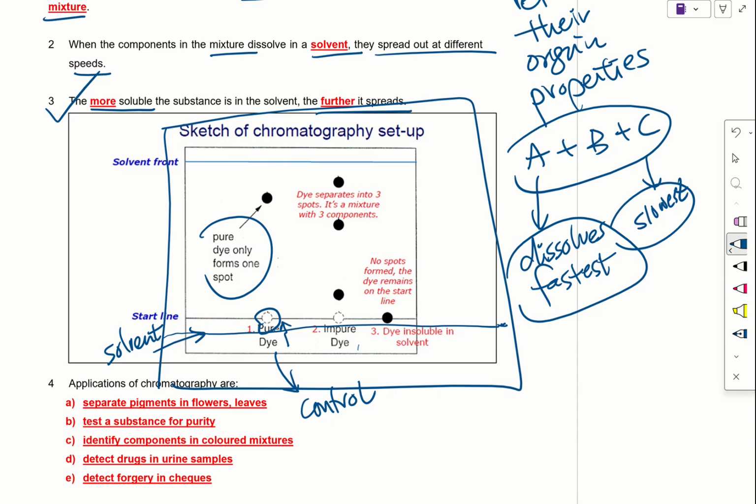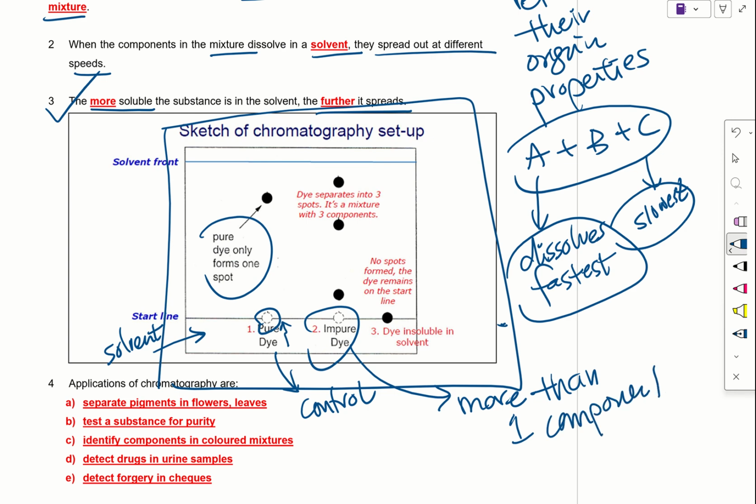Now, let's look at the impure dye. The impure dye means that there is more than one component. It is not as pure as the pure dye. It forms 1, 2, 3 spots, so it separates into 3 spots.